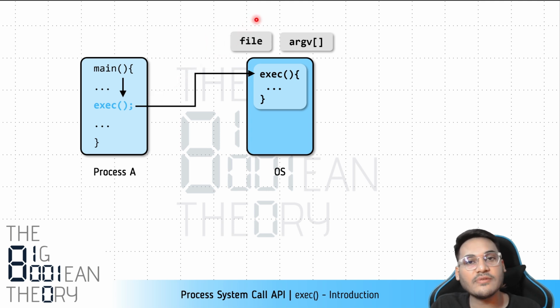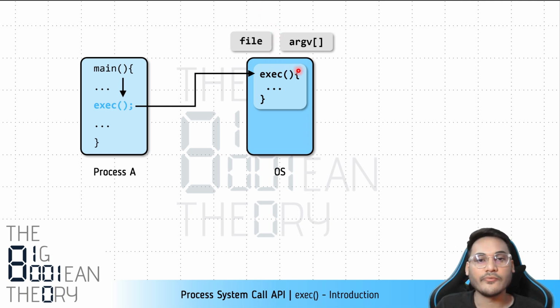The other variants of the exec system call have different ways of accepting the arguments, but nonetheless, I'll use the exec name only. In the context of this video, you have to understand that these arguments are only for execvp: the name of the file and the list of arguments that have to be supplied to the new program, right?